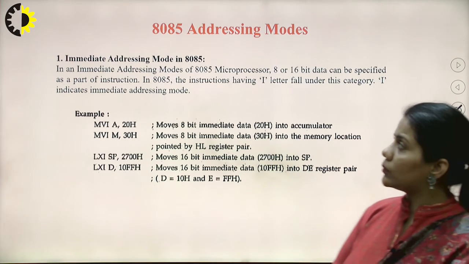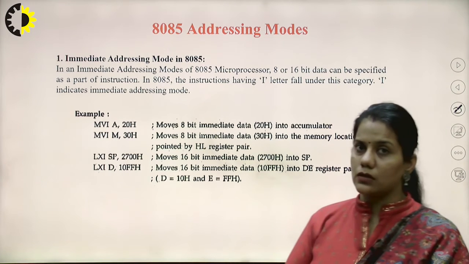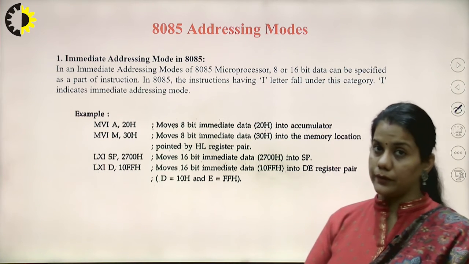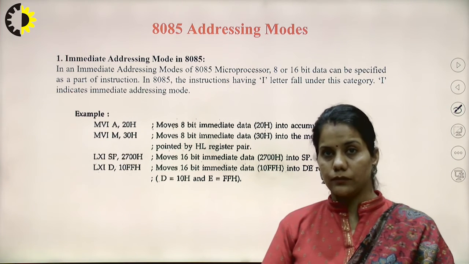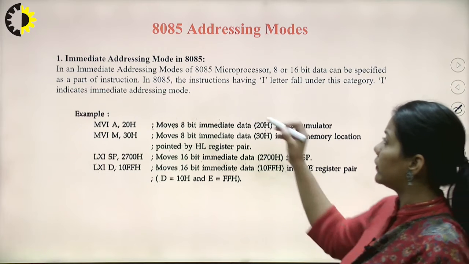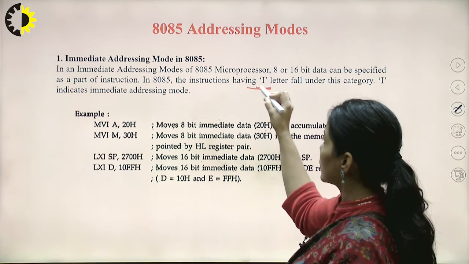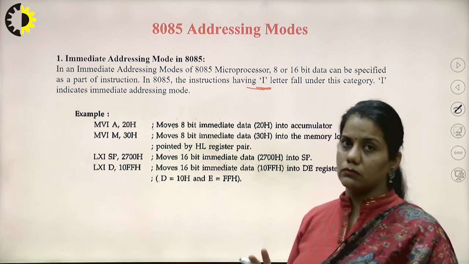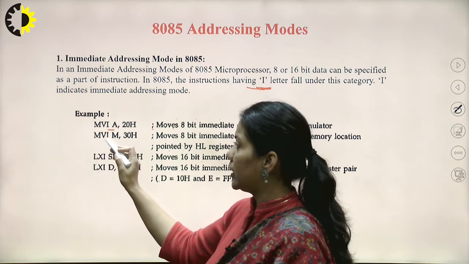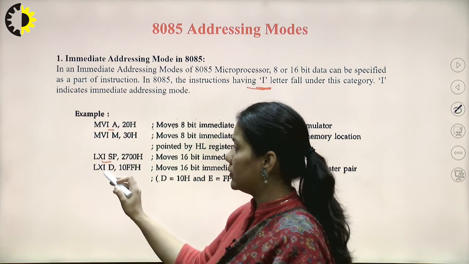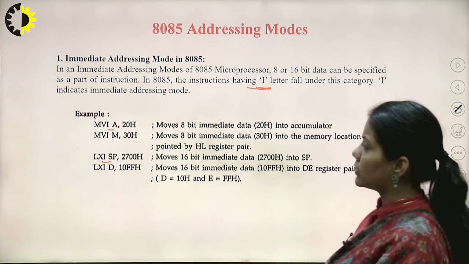When we talk about the immediate addressing mode, the data is specified in the instruction itself, immediately. It can be 8-bit data or 16-bit data. You can identify this addressing mode because the instruction will have the letter I as a suffix, like MVI A and LXI. Let's go through the examples.